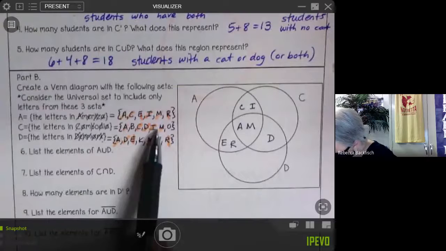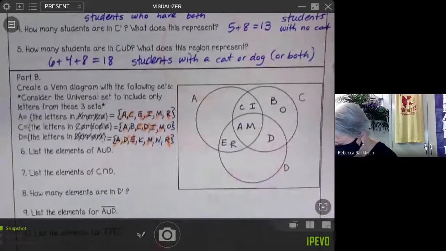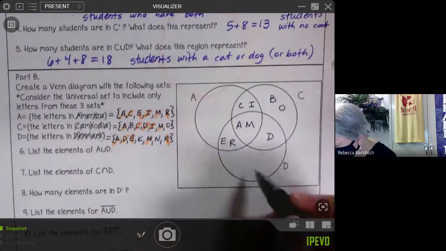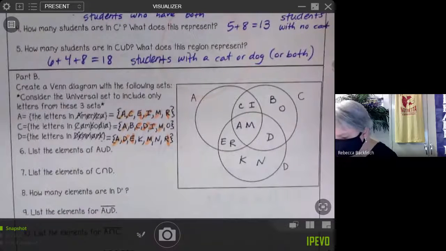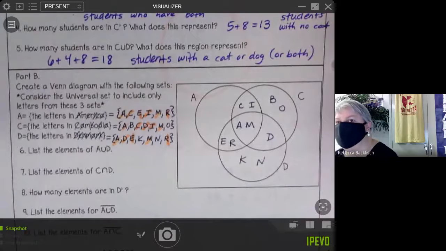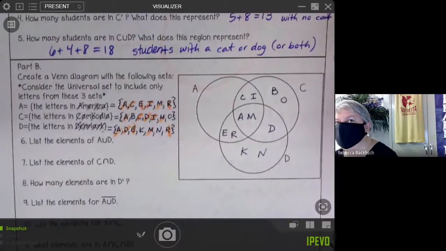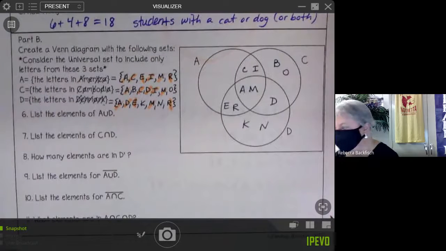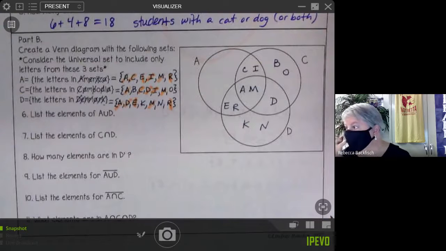So I'm going to put them over here. K and N are in D, but nothing else. So I'm going to put them down here. Questions there? You good so far?